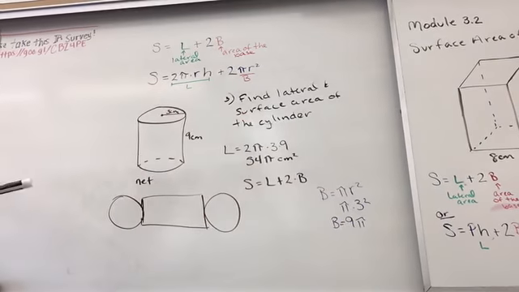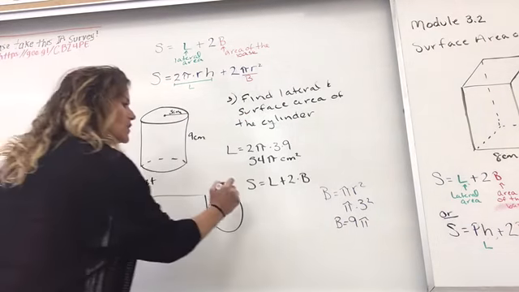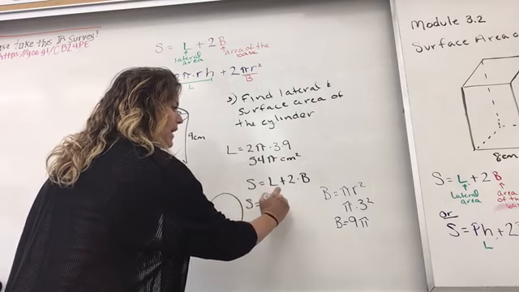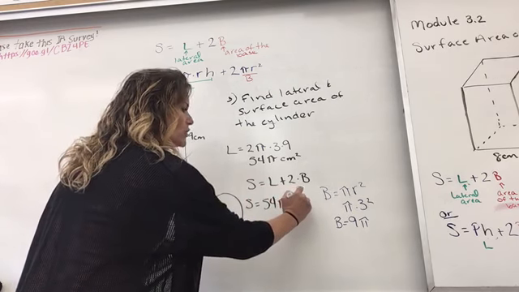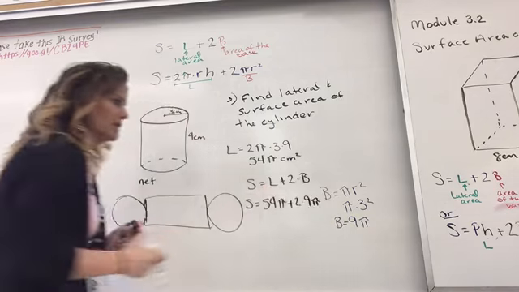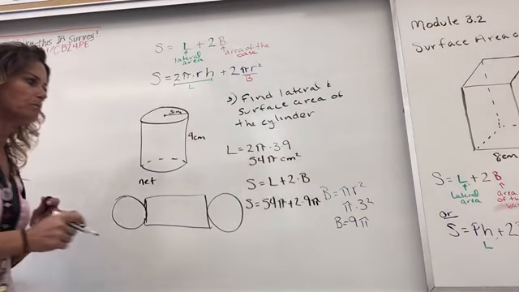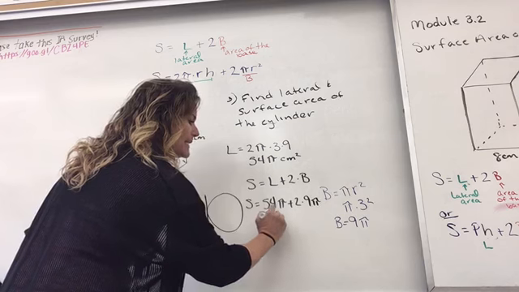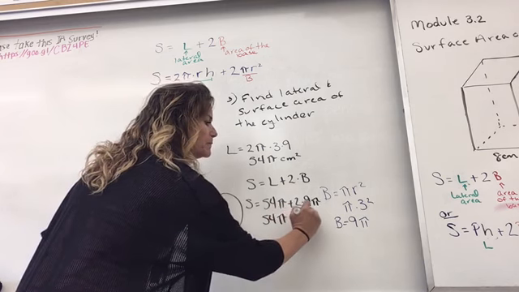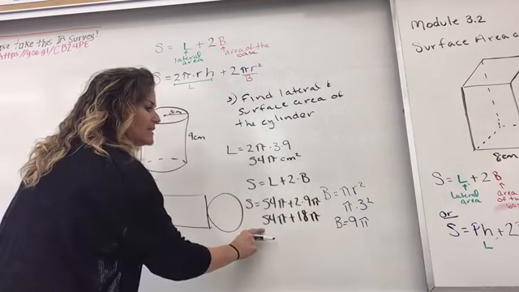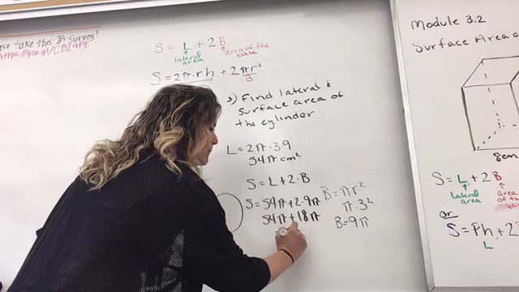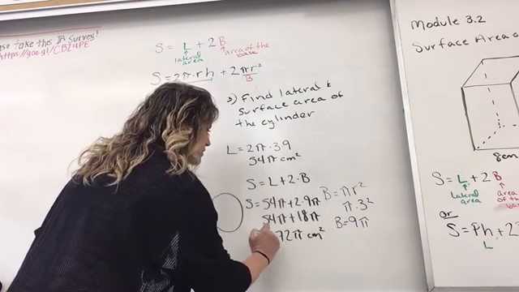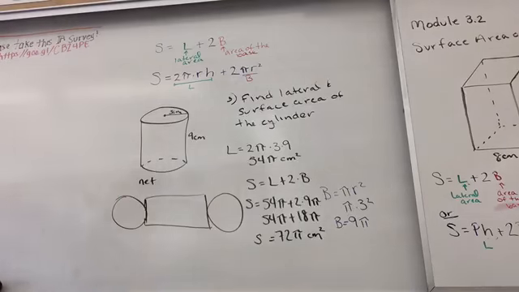Now that we've got all the pieces, we're going to plug them in. So the surface area is equal to the lateral area, the 54 pi, plus 2 times 9 pi. Because the base is 9 pi. 2 times 9 pi is 18 pi. Then I add these together. That's 72 pi centimeters squared. And that is my total surface area.